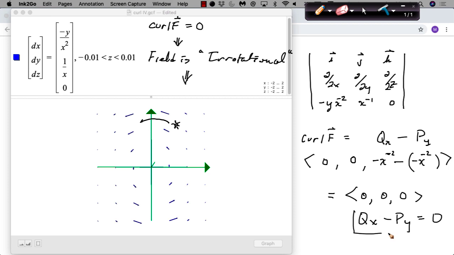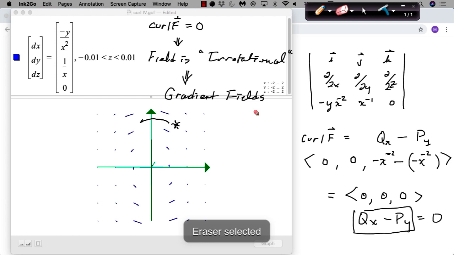We can add this to the list. We had a list of all those things about a conservative vector field, so we have a new thing to add: a conservative vector field is irrotational. There's no tendency of rotation anywhere in the field.